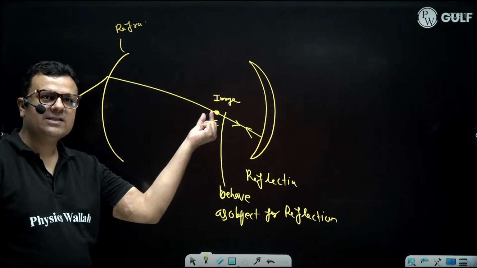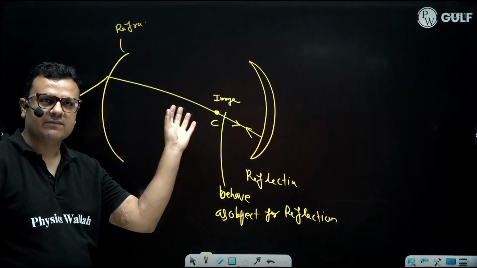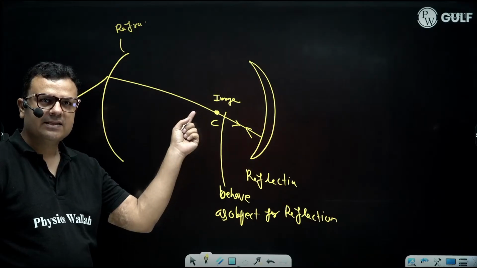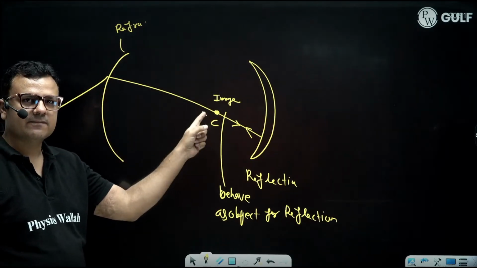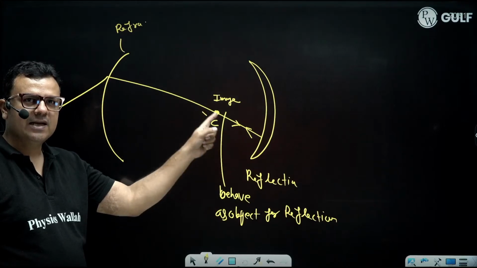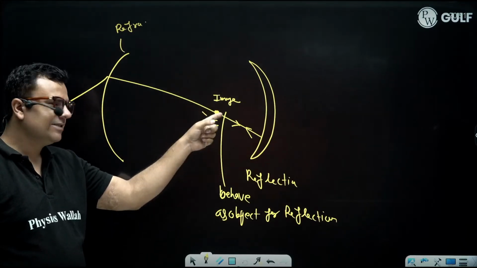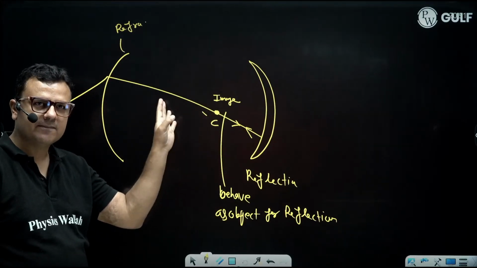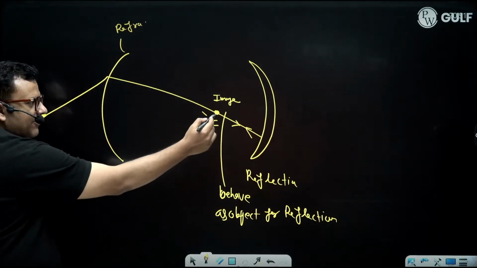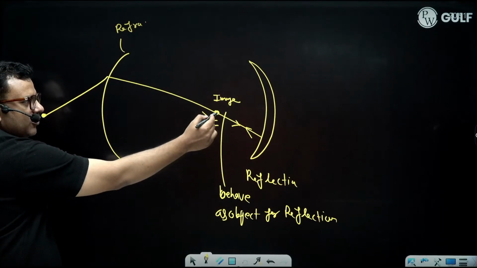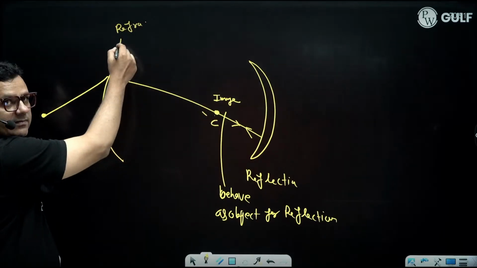This is the place of the image and object itself. This is the image in first refraction, and this is the image for second refraction. And this image is also going to perform like an object. Right? So can I say this is the position, the place of the image by this refraction?